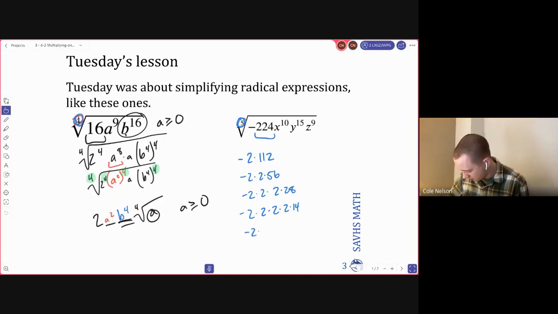And then 2 times 7 is what 14 is. And all of a sudden, I have that right here is 2 to the 5th.